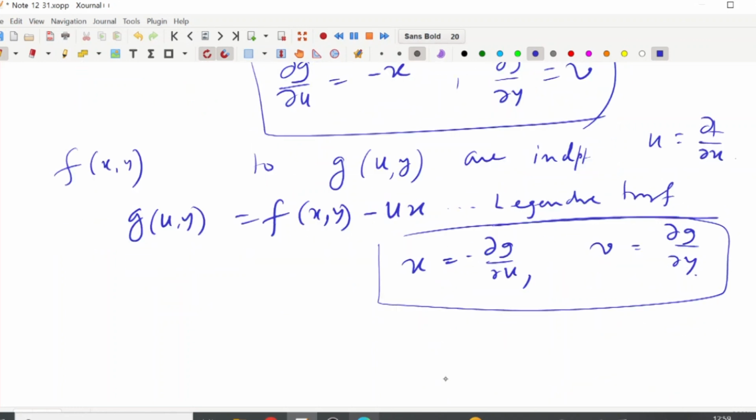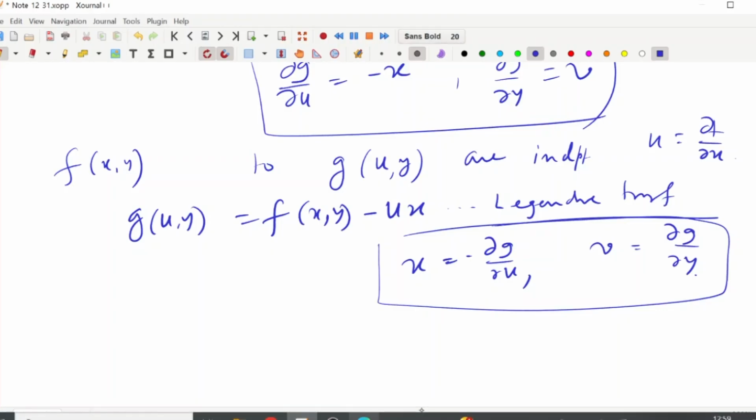This Legendre transformation you are familiar with. Before coming to this course you must have done a thermodynamics course, and in thermodynamics you have quite frequently used Legendre transformation. In thermodynamics you have moved from one set of independent variables to another set of independent variables. Sometimes it is pressure, volume, temperature. Maybe from here you can go to temperature, volume and entropy.